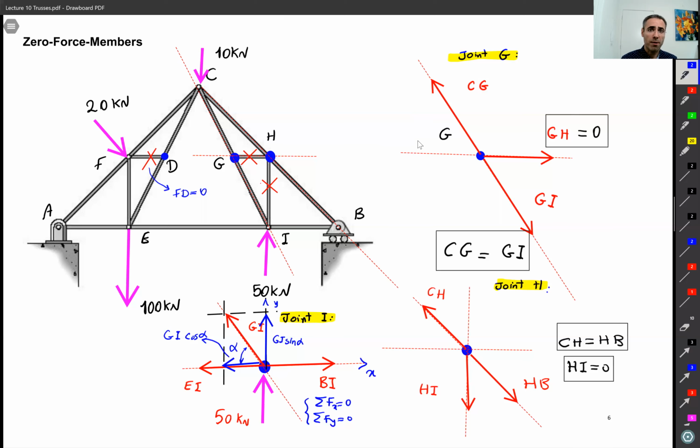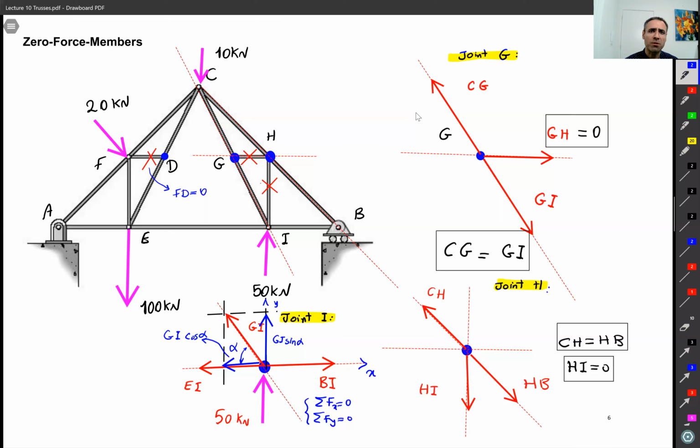All right, so for us in MEC 260, before we solve a truss problem, we need to find all these 0 force members, cross them out, and draw another truss which is simpler and easier. Then we start solving the problem. So again, in a truss problem, before you do anything, get rid of all the 0 force members and then start solving the truss problem.